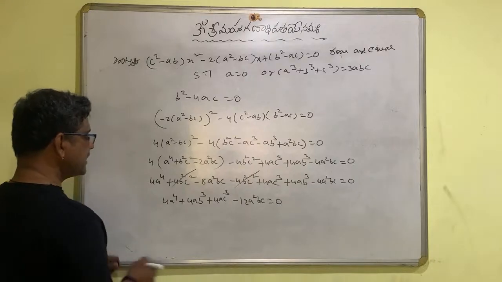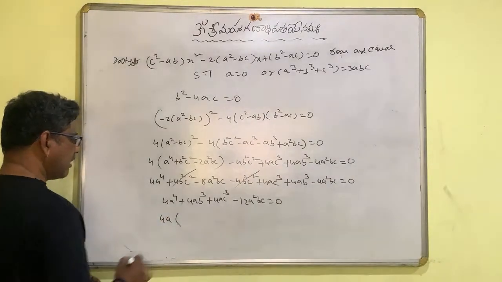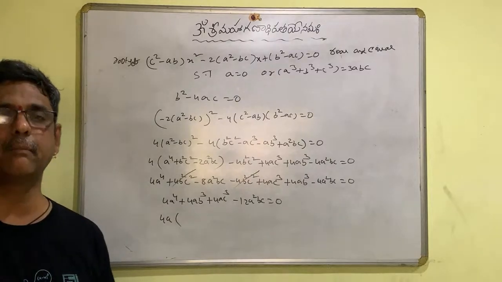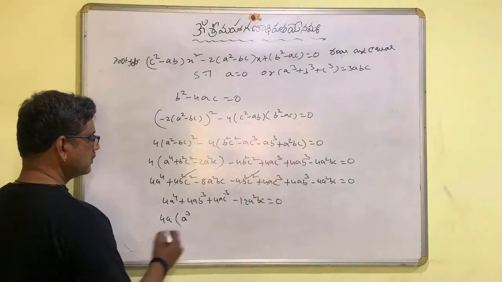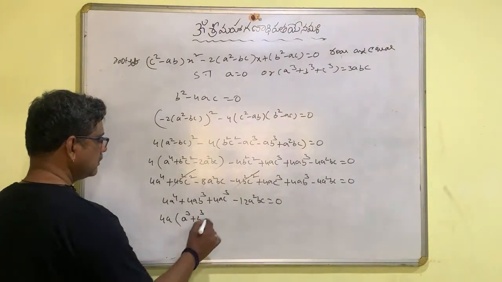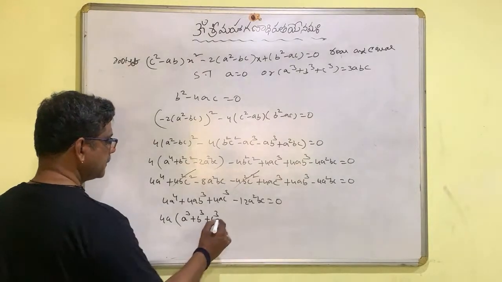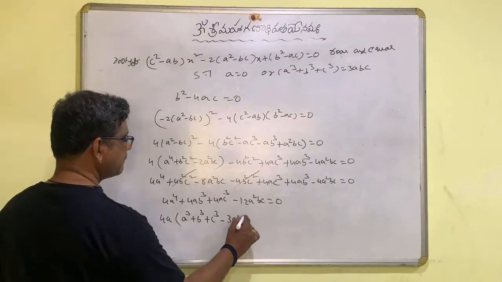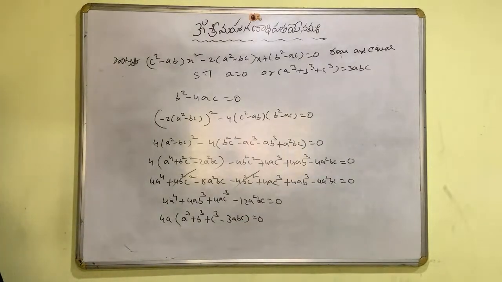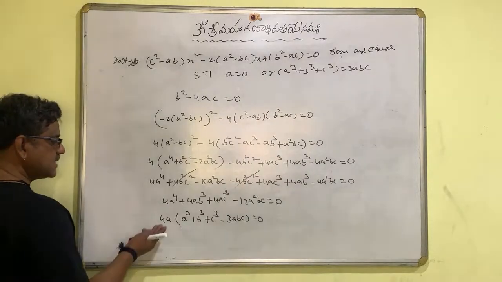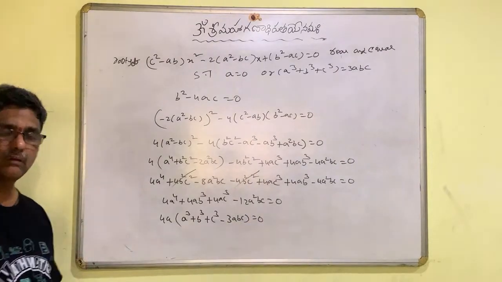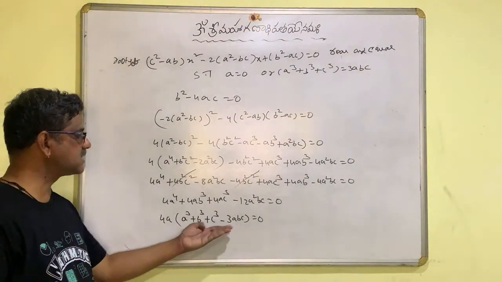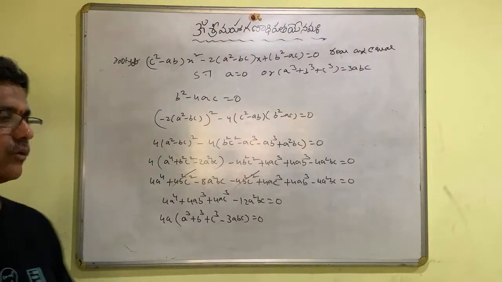Now what I will do is I will take 4a common in all. So what is remaining here? A cube plus b cube plus c cube minus 3abc is equal to 0, if I take 4a common. Now see this, 4a into this is equal to 0. So what is the meaning of it?